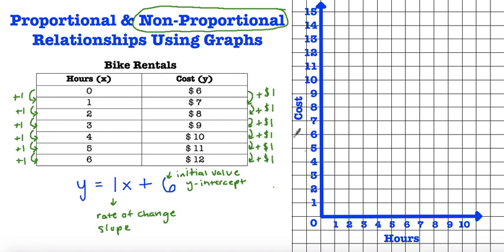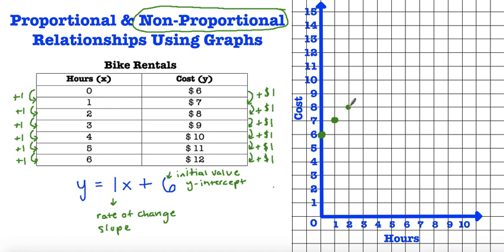So here when we're graphing, we have to be mindful that we're starting at 0, 6 this time, not at 0, 0. And this is why it's not proportional, even though it increases at the same rate. So after 1 hour, it's $7.